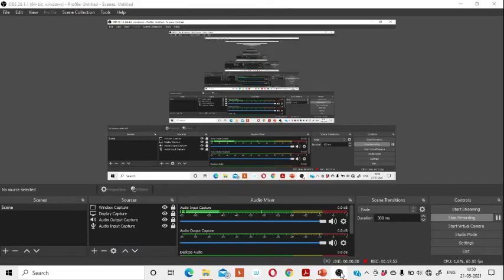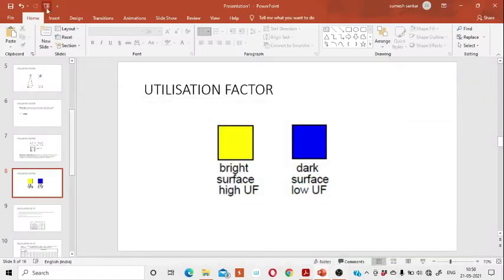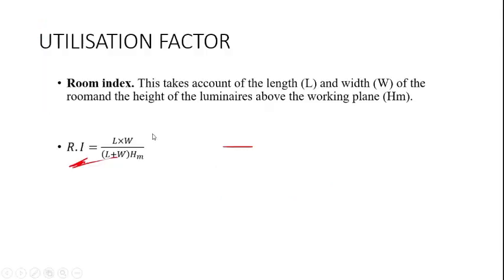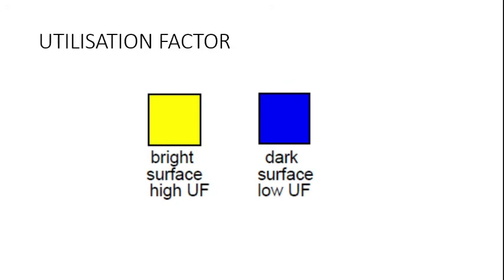So that means, yes, we have two cases again, case 1 and case 2. In case 1, imagine a room whose surfaces are coated with a highly contrasting or bright surface color, that is yellow color. I'm painting my room surface.